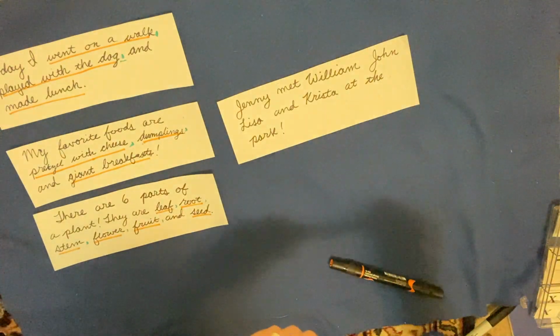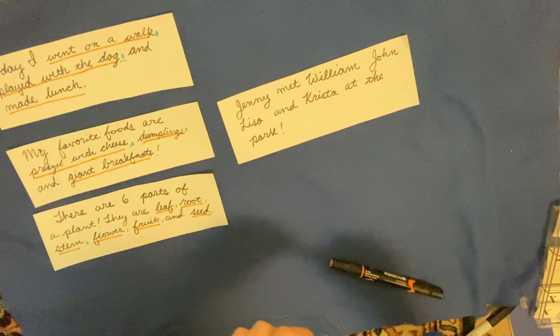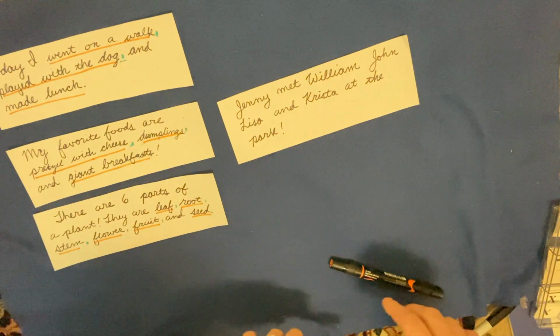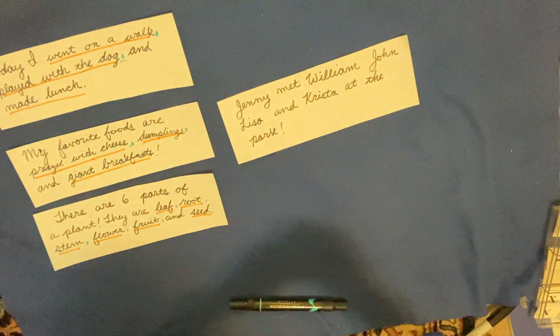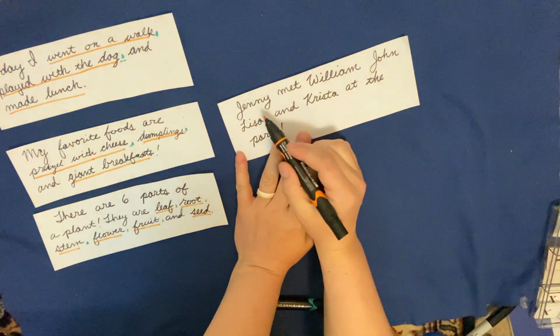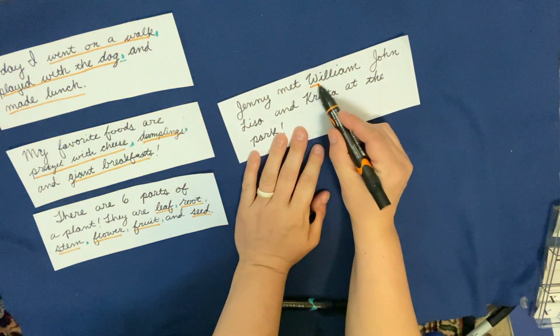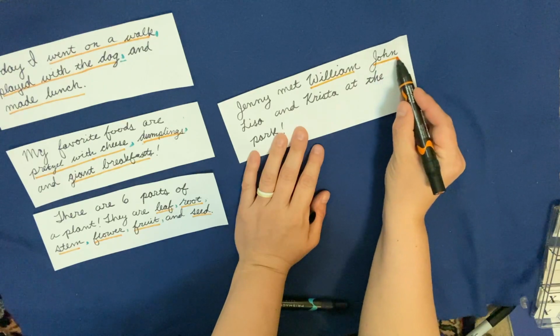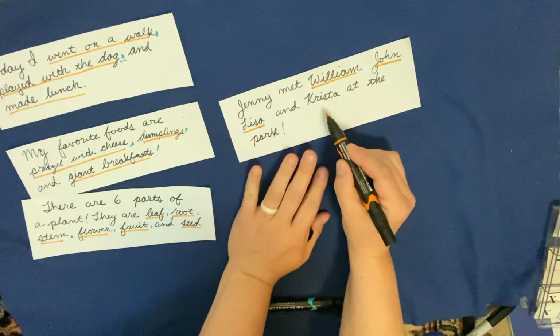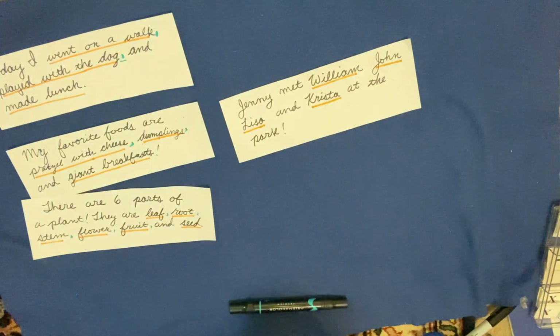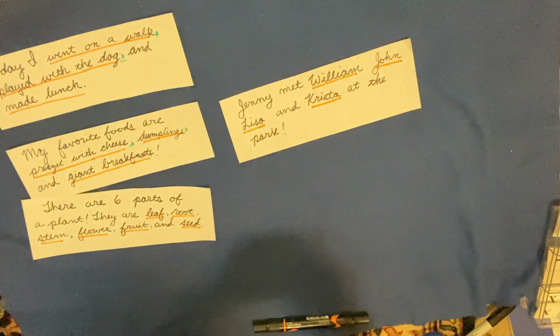I have one more example here. Jenny met William, John, Lisa, and Krista at the park. This is obviously from when we were able to go to the park. All right, so let's see our commas.